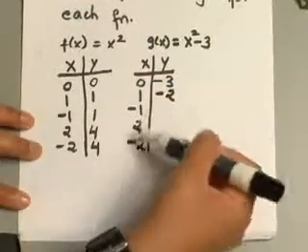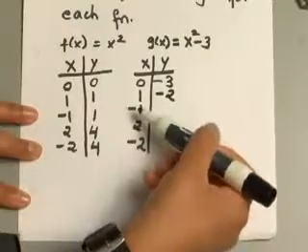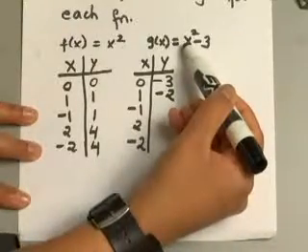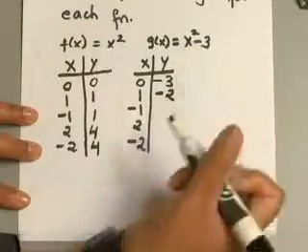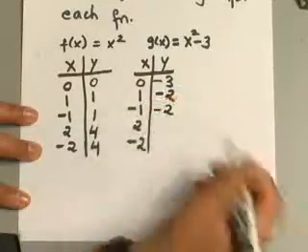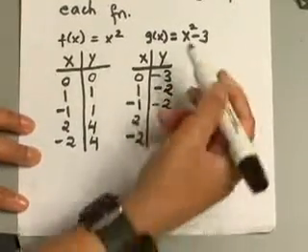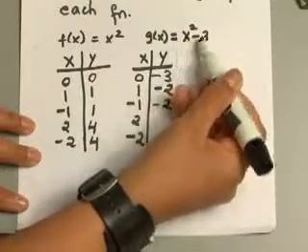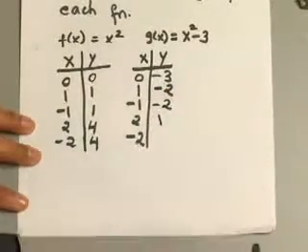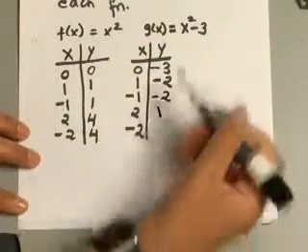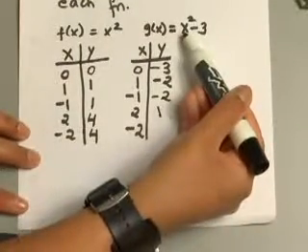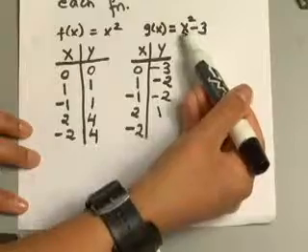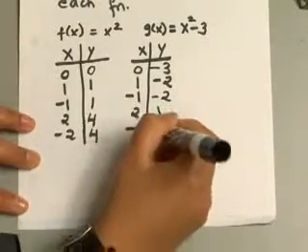You want to try and do the same thing with each one of these points. Negative 1, again negative 1 squared is 1. 1 minus 3 gives you negative 2. Plug in 2 for your x. 2 squared is 4. 4 minus 3 will give us 1. Now negative 2. Negative 2 squared is 4. 4 minus 3 will of course give us 1.